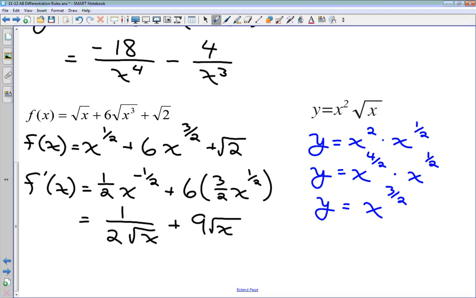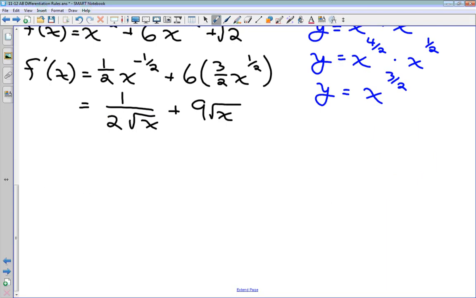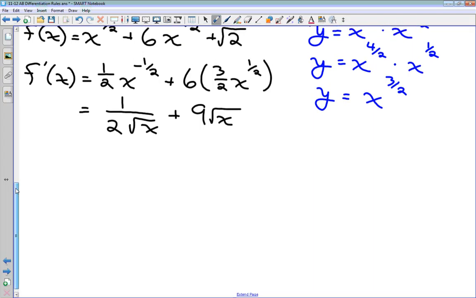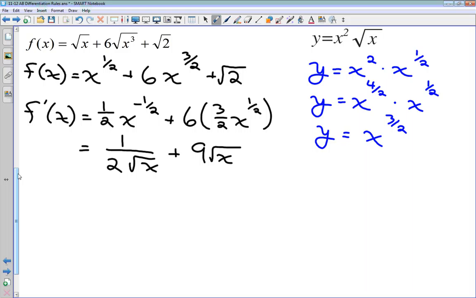Now notice at each step here, I've just said that I'm just rewriting my original function. So it's y equals, y equals, y equals, y equals. Now at this stage, I'm ready to take my derivative. So I can bring down that 3 over 2. I'm taking my derivative, y prime, 3 over 2 x to the 3 over 2 minus 1 is going to be 1 over 2.